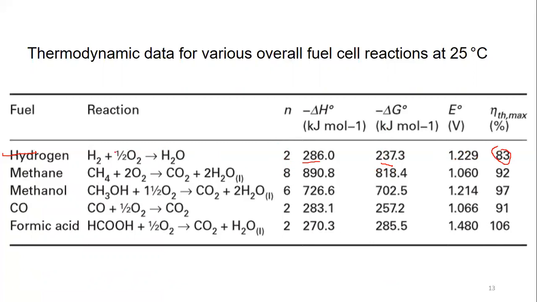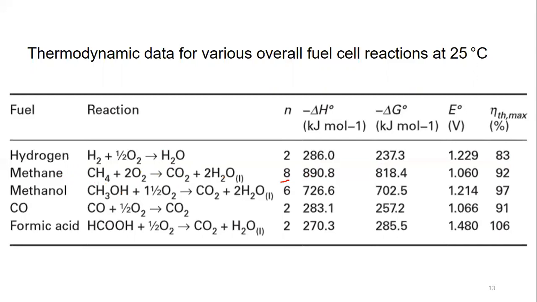Okay, slowly and gradually, if you are using methane as a fuel, the basic chemical reaction is that methane converts with oxygen to give carbon dioxide. Keep in mind that using methane as a fuel, you have a carbon dioxide generation problem. You are producing carbon dioxide, and it needs 8 electron transfer.